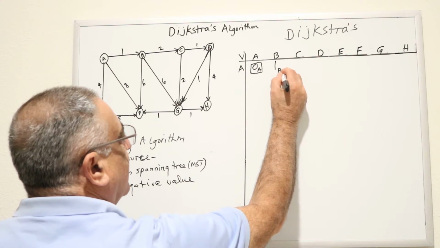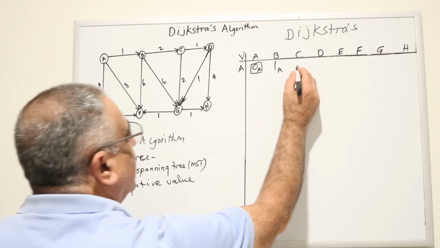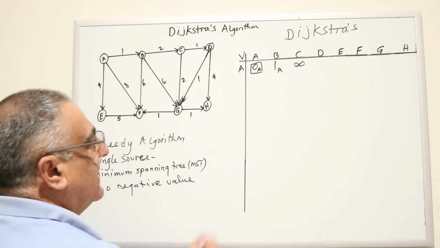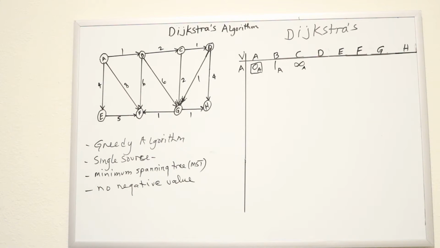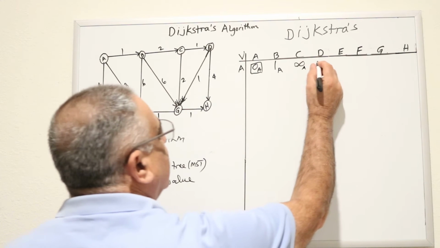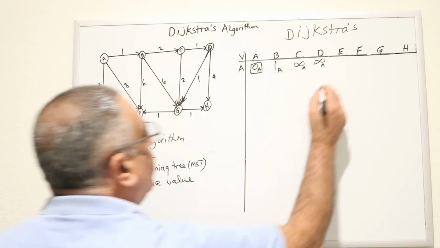I'm going to put, coming down from A, A to C, I can't. There is no direct connection. It's infinity coming from A. A to D is also the same thing, infinity, there is no direct link to A. A to E, there is 4.